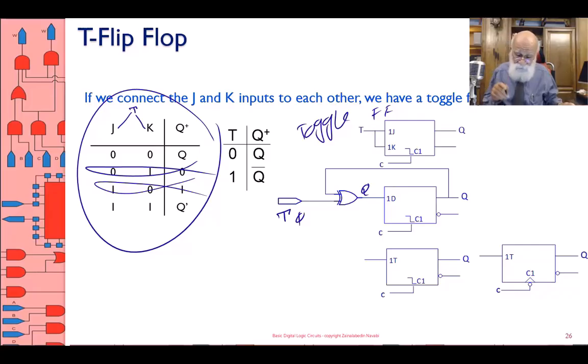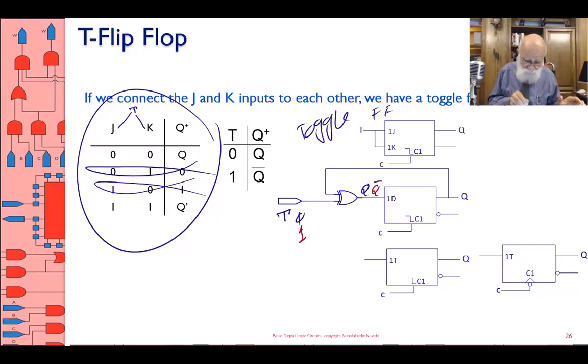But if T is 1, then the Q output goes through the XOR and becomes Q bar. Q bar gets clocked in, Q becomes Q bar, clock it again, Q becomes Q bar.